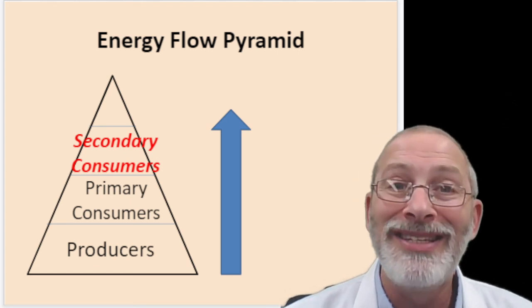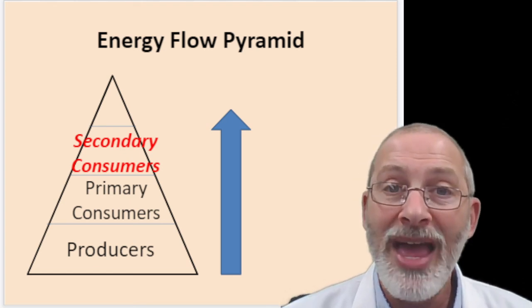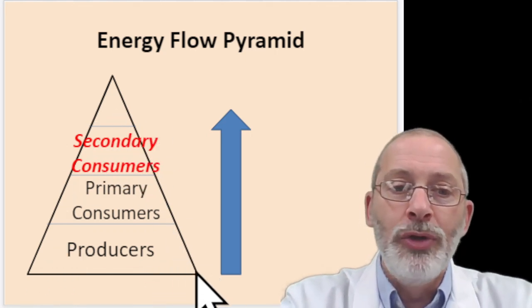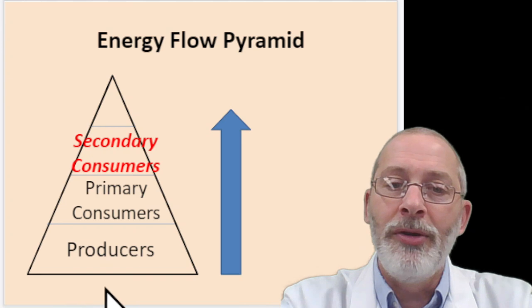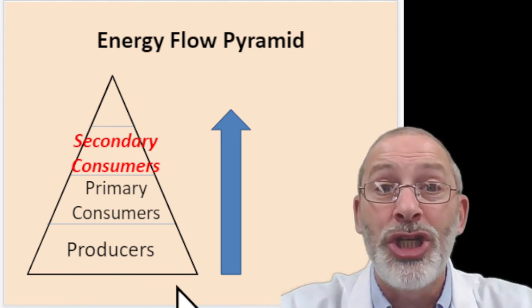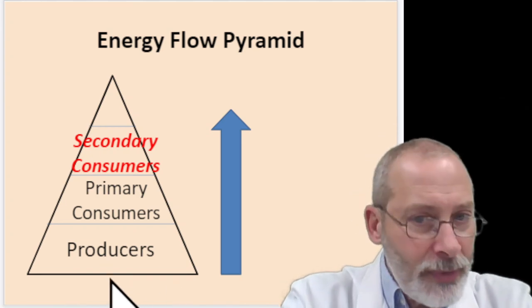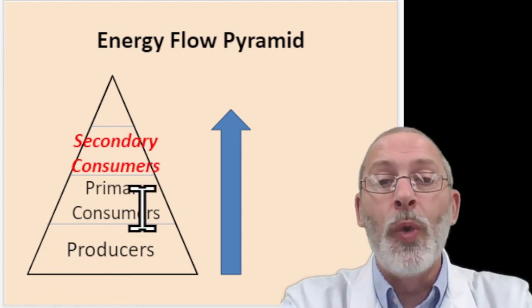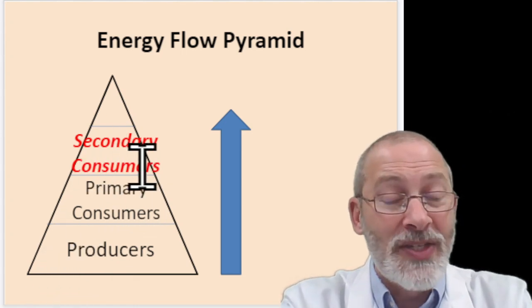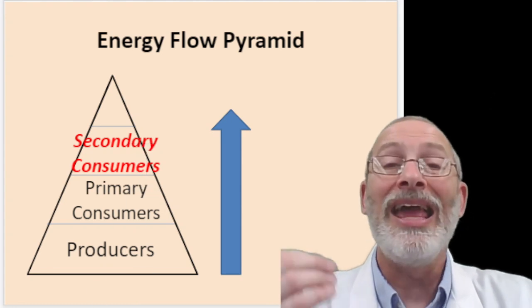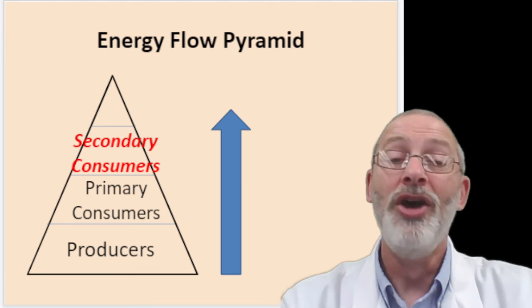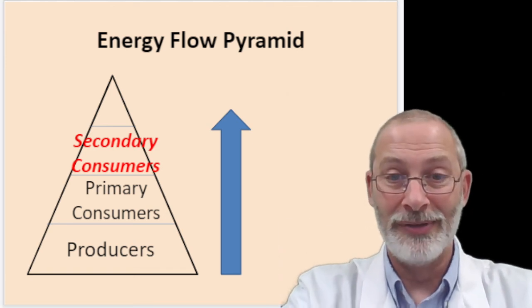Because there's less energy available. Look at the shape of the pyramid. If you look at the width of the pyramid as the amount of energy available, the higher we go in the pyramid, the narrower the pyramid gets, illustrating a reduction in the amount of energy available for the next level.